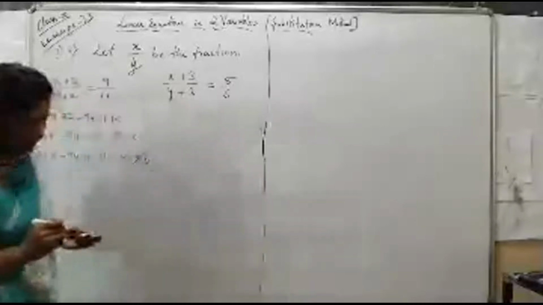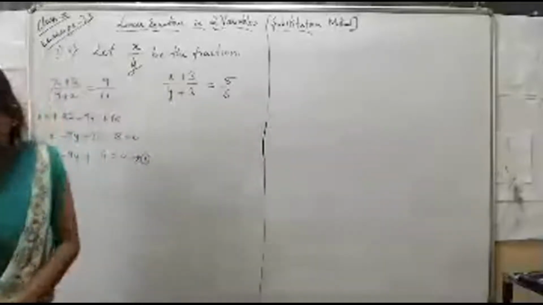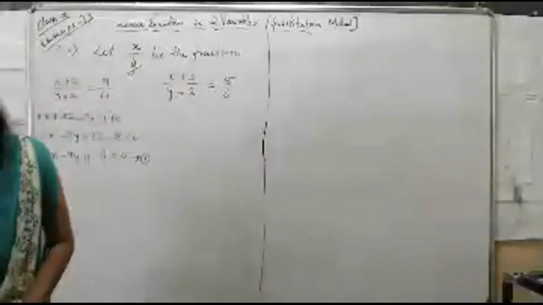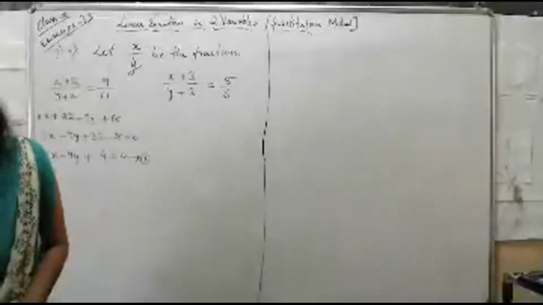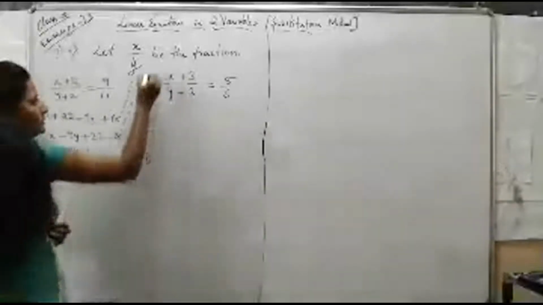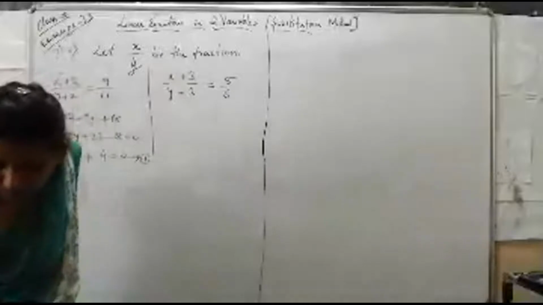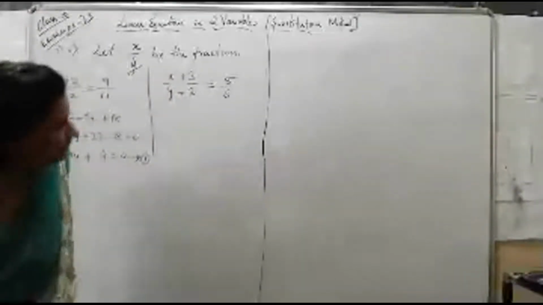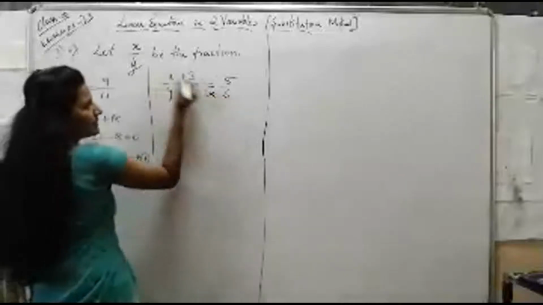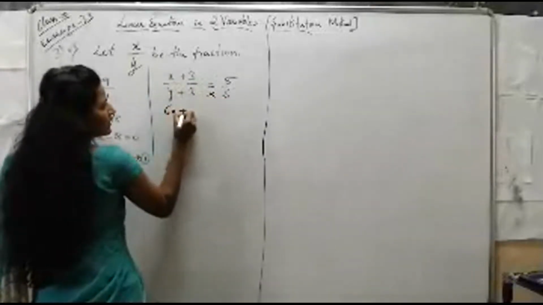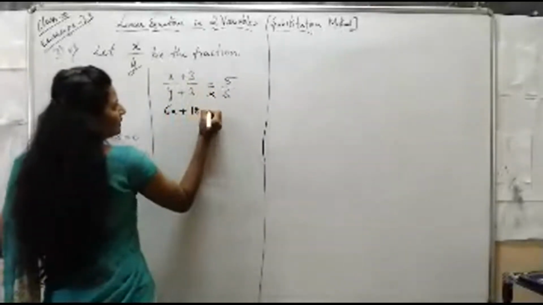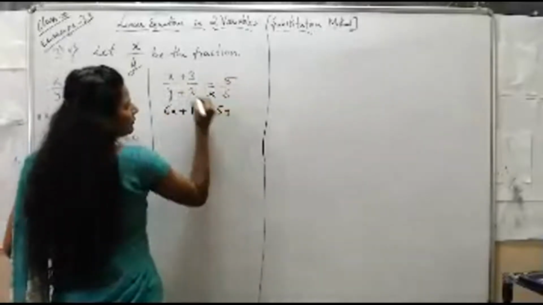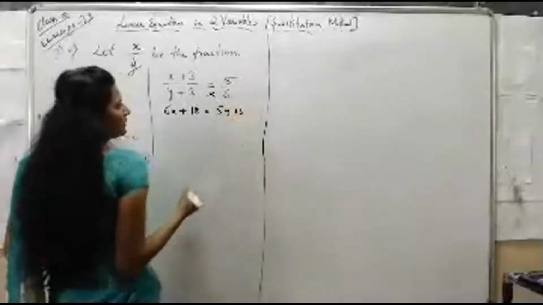Similarly, you have to solve the second equation. First you have to write the equations properly. Cross multiply this: 6 into x, 6x plus 6 threes are 18, 5 into y, 5y, 5 threes are 15.